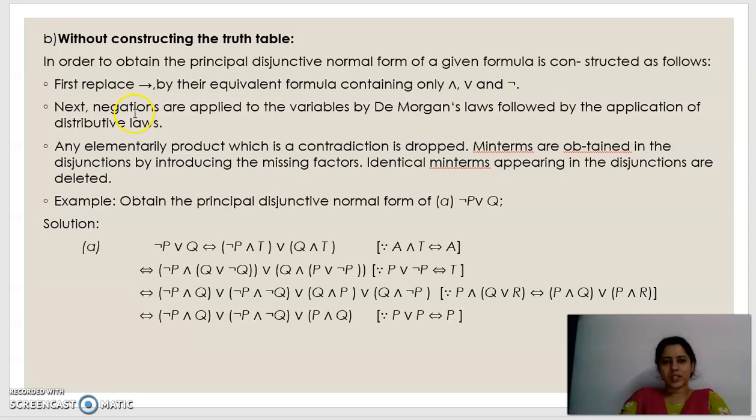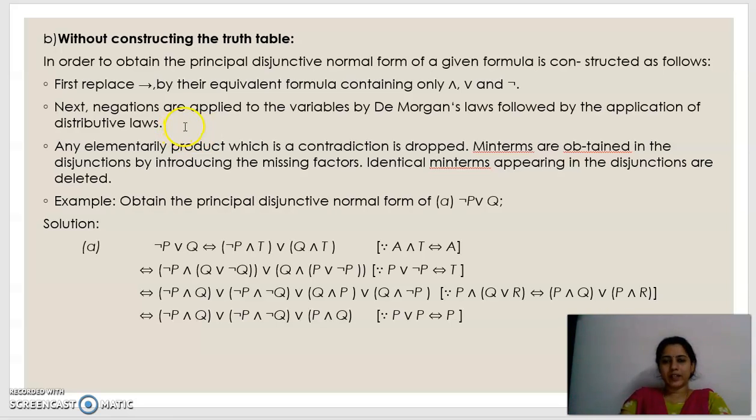If you follow these first two steps, the given statement is automatically converted into the disjunction normal form. In the disjunction normal form you will get only elementary products, so you won't get the minterms.